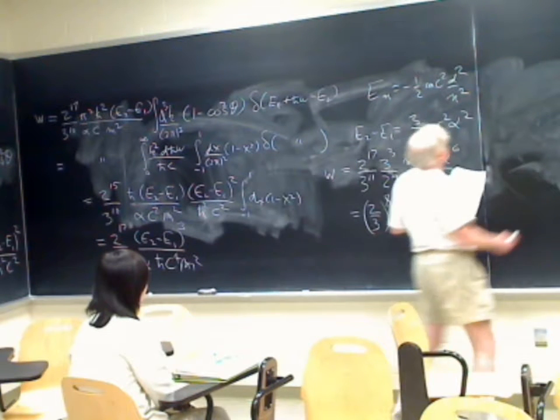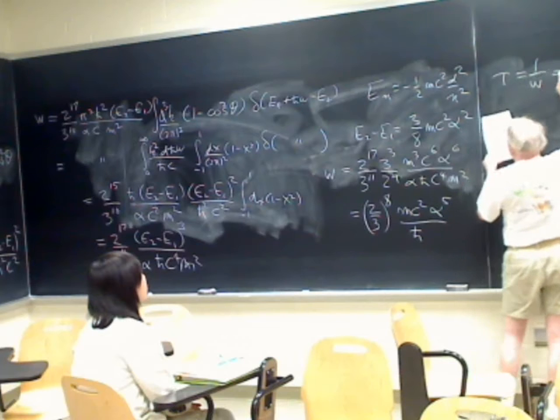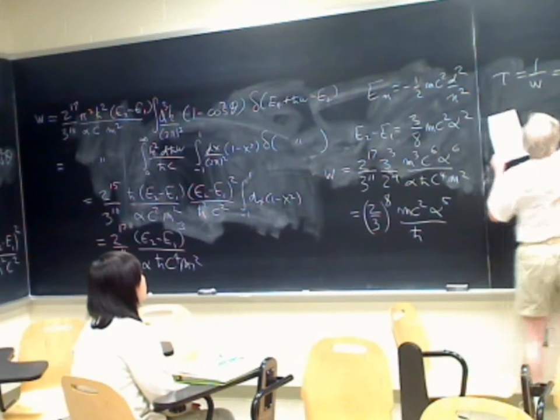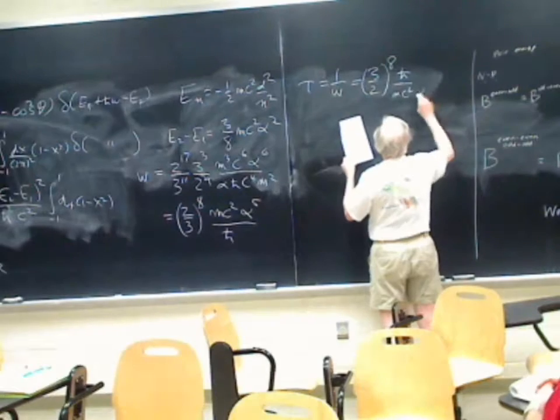The lifetime then, tau, is 1 over the transition rate, and this then is 3/2 to the 8th h bar over mc squared alpha to the 5th.